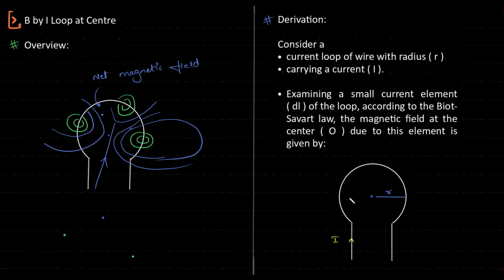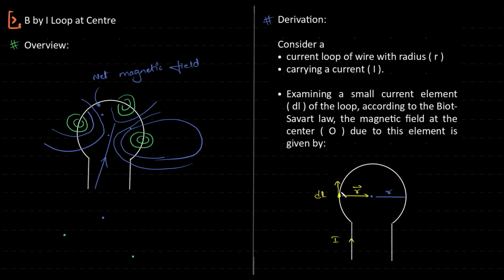So we're examining a small current element. Say we'll consider this small element. According to this, this is going to be your unit, not unit vector, vector r. And that would be your direction of current. Okay, that's your dl.